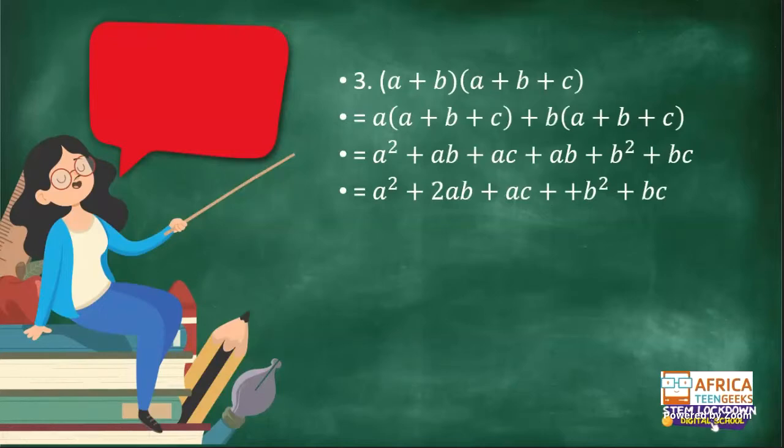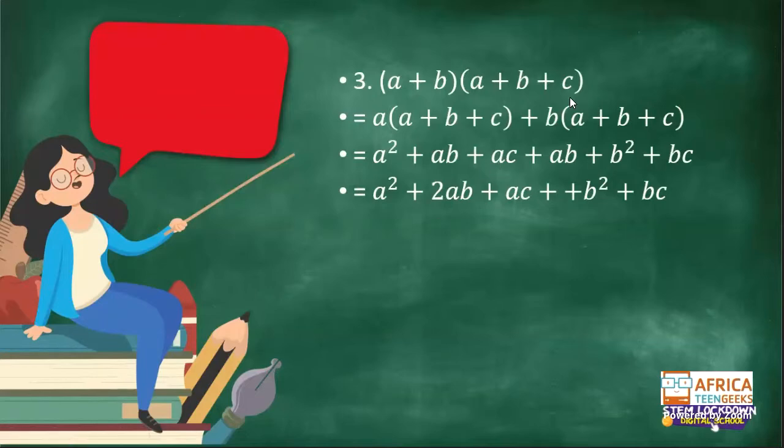And of course, we should know that if you multiply a by a, you get a squared. Then a times b, you get ab, whereas a times c gives you ac.